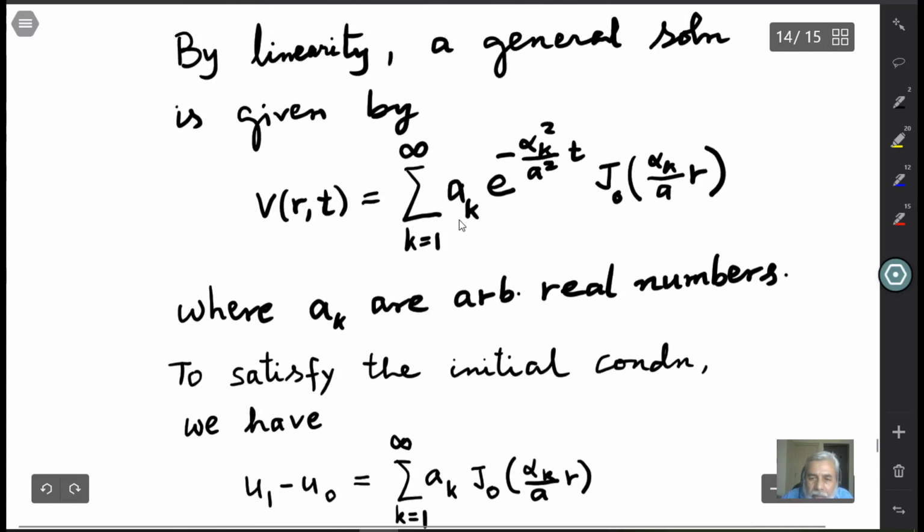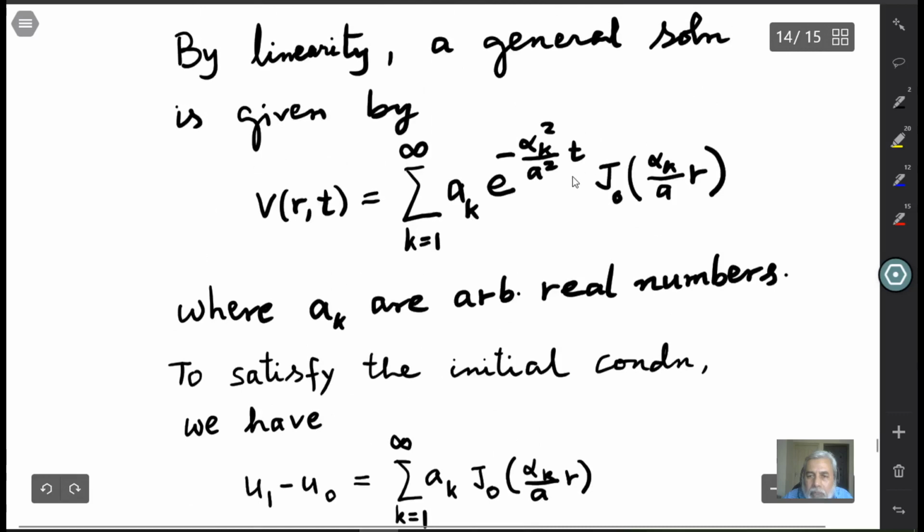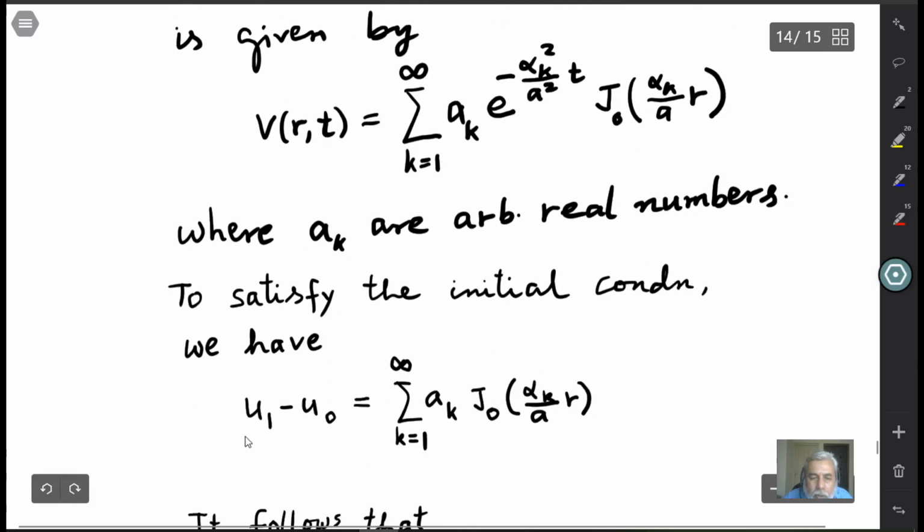In order to determine these constants a_k to satisfy the initial condition, formally you just put t equal to 0 here, so we get u1 minus u0 equal to the summation k equal to 1 to infinity of a_k J0(alpha_k r by a).